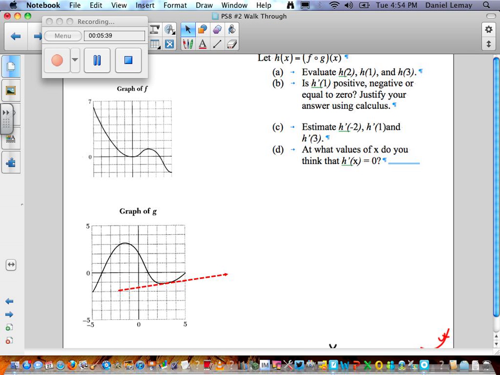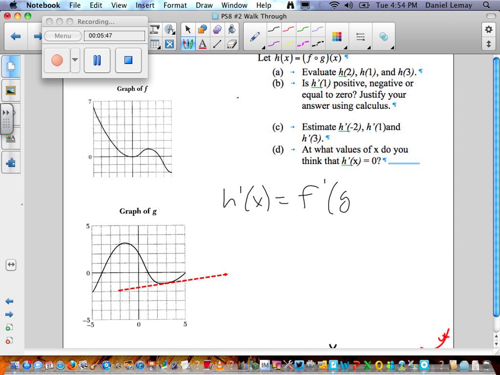Well, here's some things to worry about. I know that h prime of x equals f prime of g of x times g prime of x. And a lot of you fell down here because you didn't do any explanation of your thinking. Some of you did, which made some other errors. So let's talk about this.